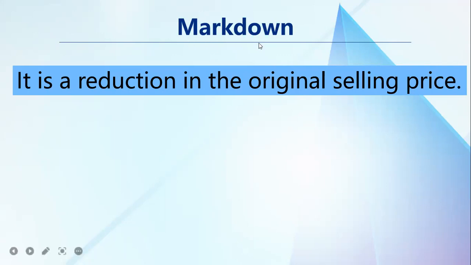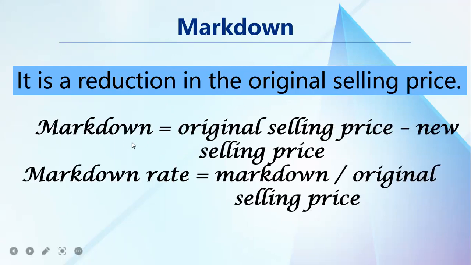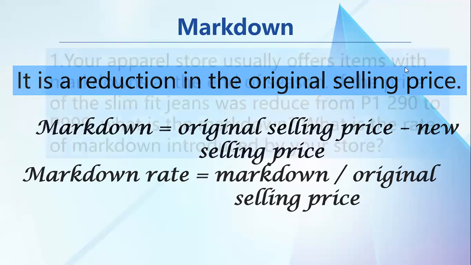They will use markdown on their pricing so that their products will be sold. So the reduction in the original selling price means the amount is lesser than your original selling price. So markdown is equal to your original selling price minus new selling price. So the markdown rate will be markdown divided by your original selling price.